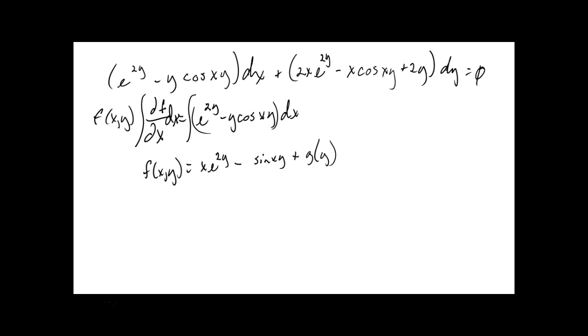So let's take the partial of this f with respect to y. Okay? And what does that give us? Perfect. Minus cosine xy, and you put an x in front.